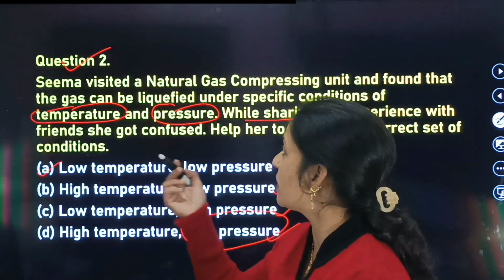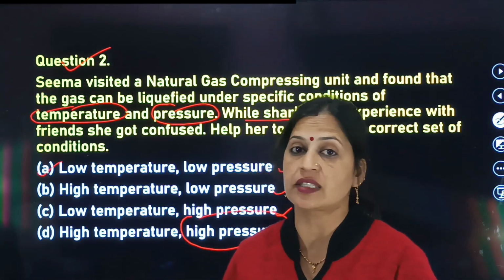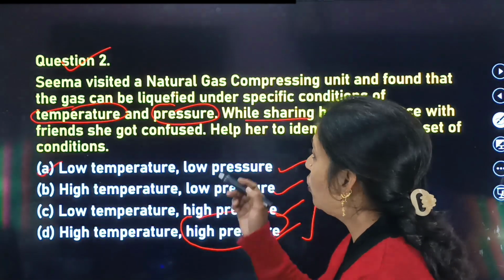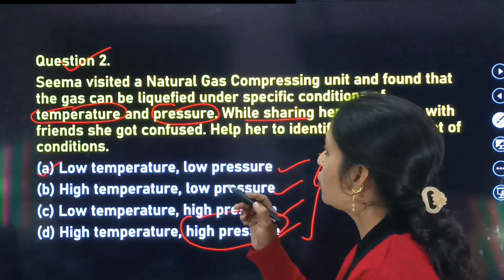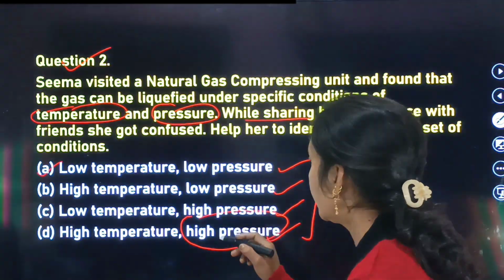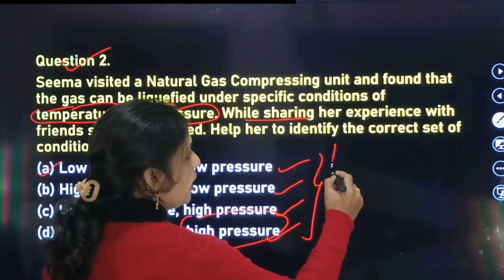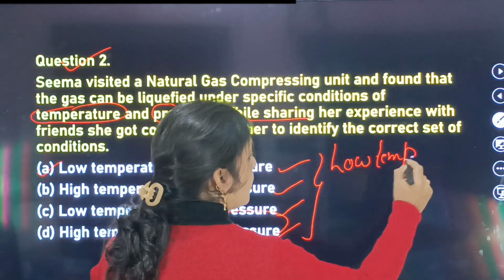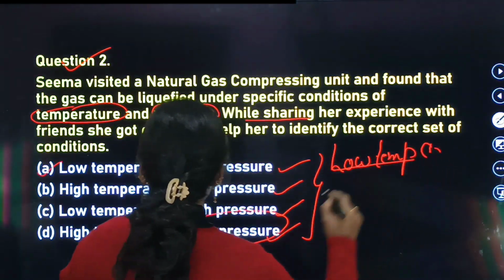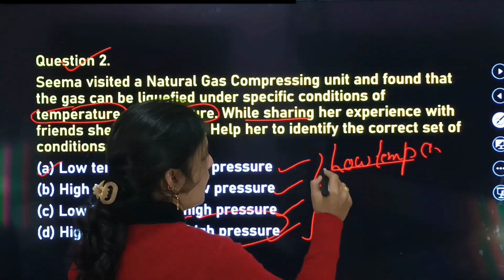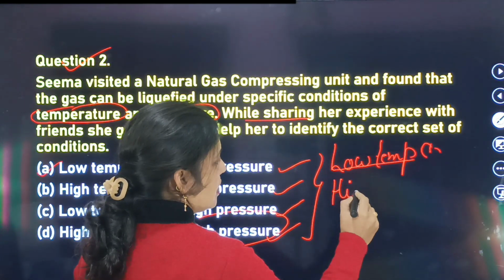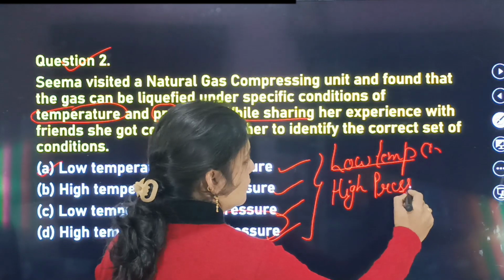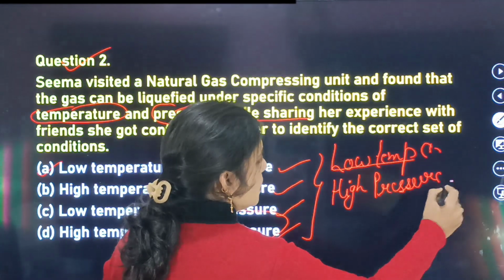तो जिन conditions पर बेटे हम gases को liquefied कर सकते हैं, वो set of conditions है temperature और प्रेशर का, तो उस कंडीशंस में हम गैसेस को लिक्विफाइड कर सकते हैं जब हमारी कंडीशंस होंगी: लो टेम्परेचर की कंडीशन नंबर 1, और सेकंड कंडीशन दैट इज हाई प्रेशर.